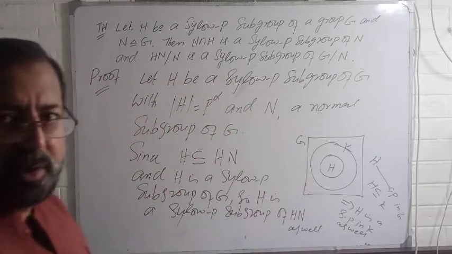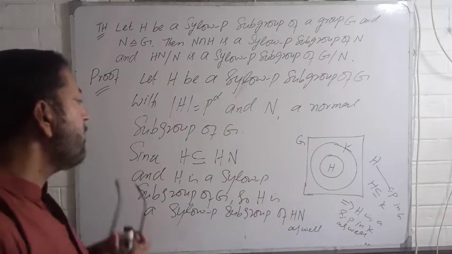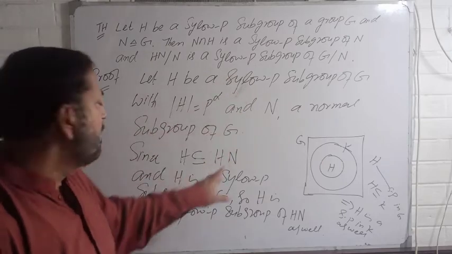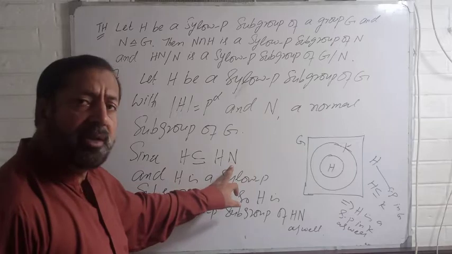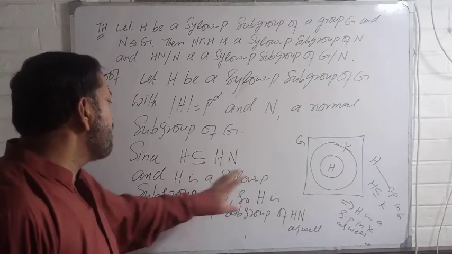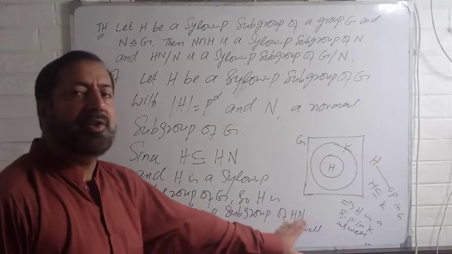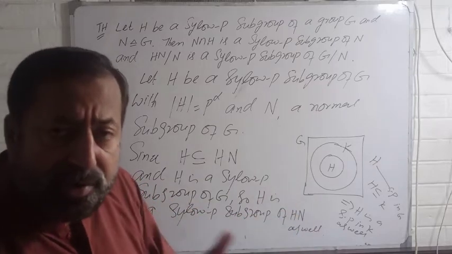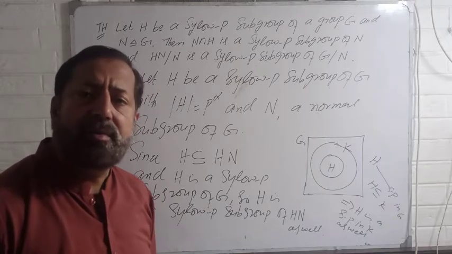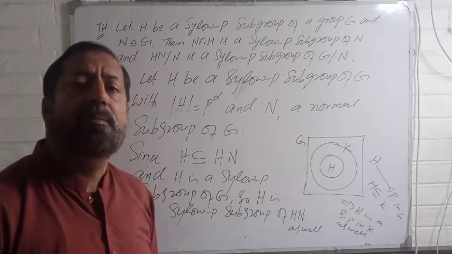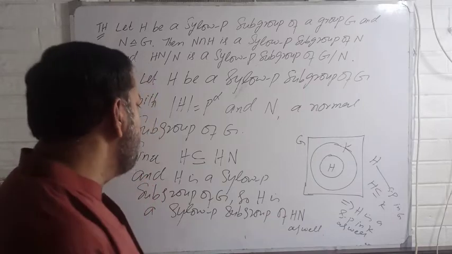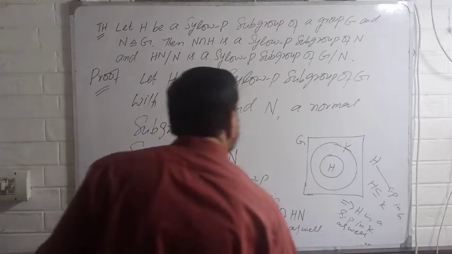I am using the same result. Since H is a Sylow-p subgroup of G and H is contained in HN, it is very much clear that H is a Sylow-p subgroup of HN. What does it mean? This means that p power alpha divides the order of HN, but p power alpha plus 1 does not divide the order of HN.